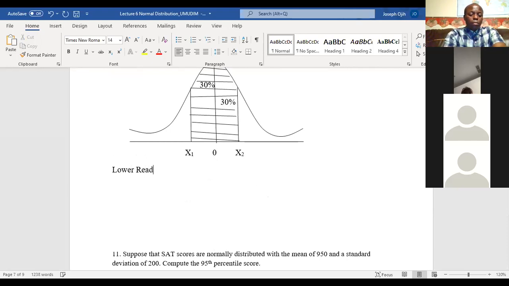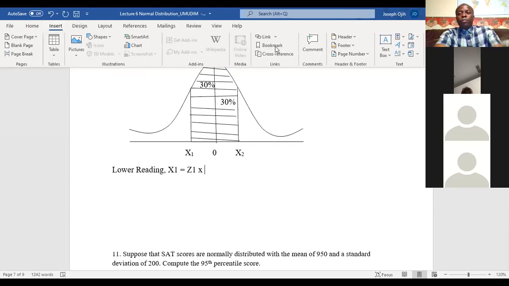The lower reading is X1, equals Z1 times standard deviation delta, plus mean.